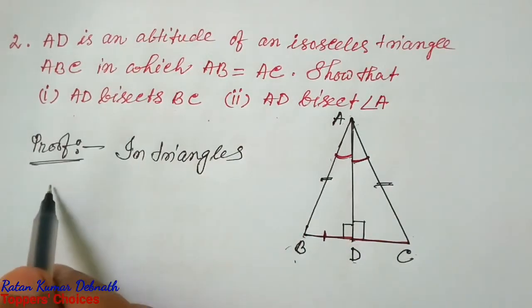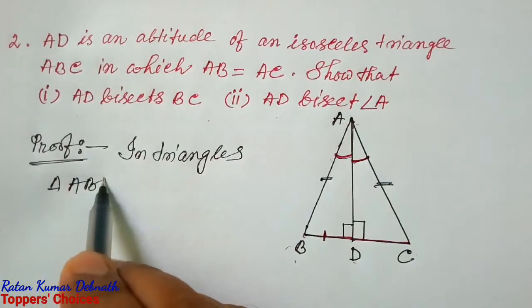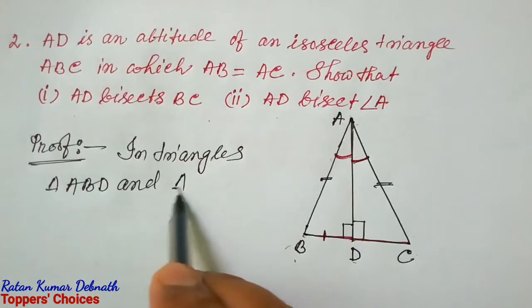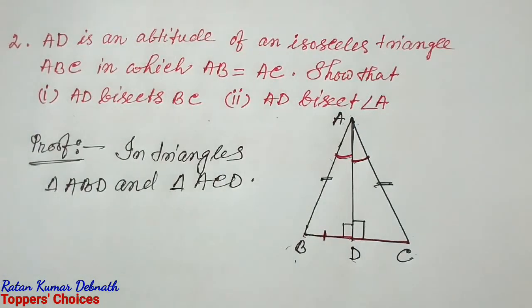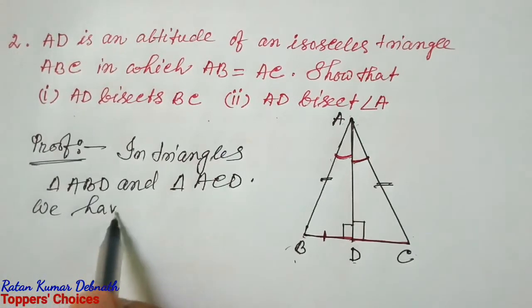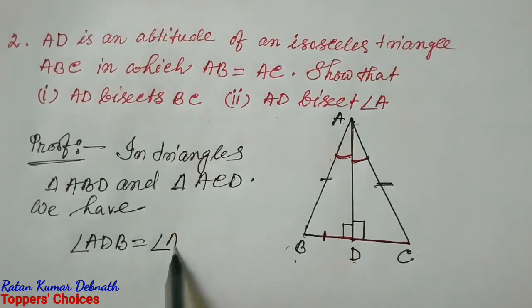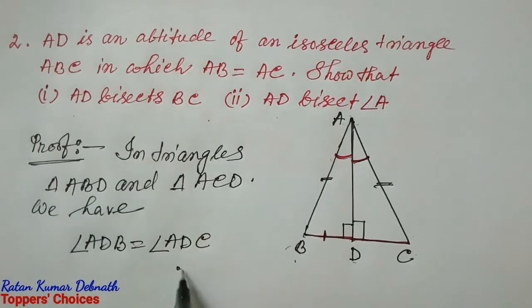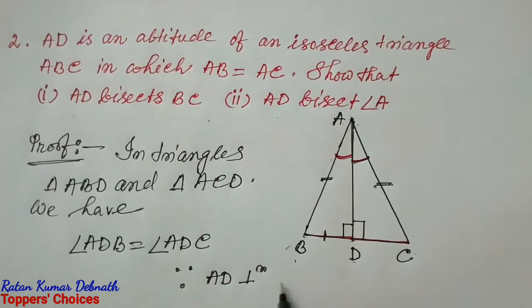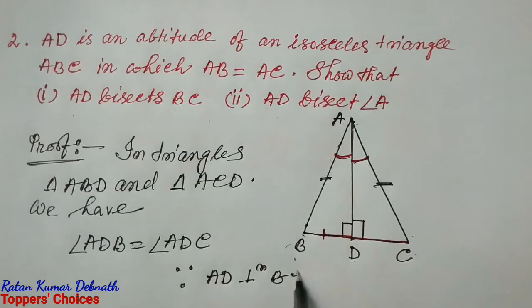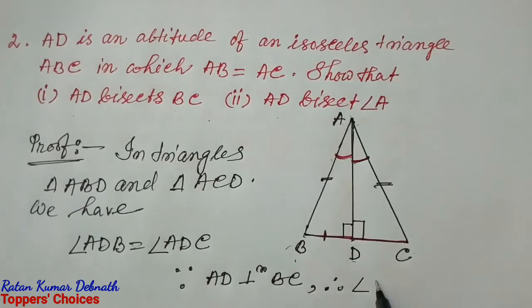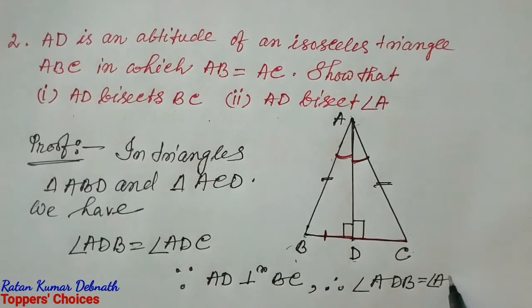In triangles ABD and triangle ACD, we have angle ADB equal to angle ADC, because AD is perpendicular on BC, therefore angle ADB equals angle ADC equals 90 degrees.